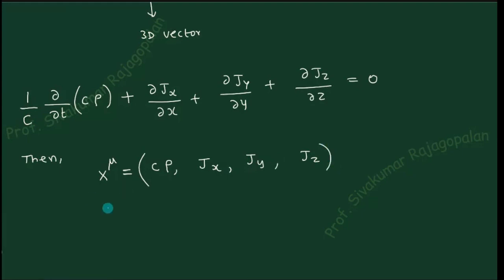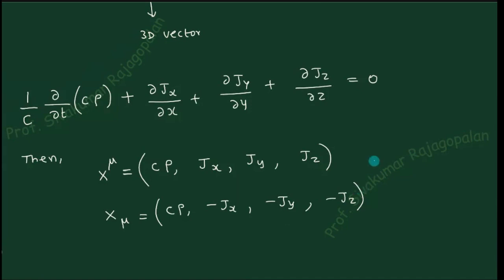So that will be the x mu, and suitably you can also define with a -1. Of course, that is the first element. There is no need to change any sign. So 0. The last 3 space components will be minus jx, minus jy, minus jz. So comma. This is how you define.